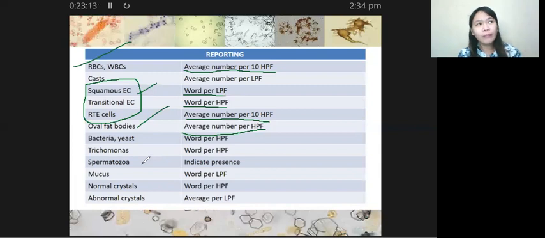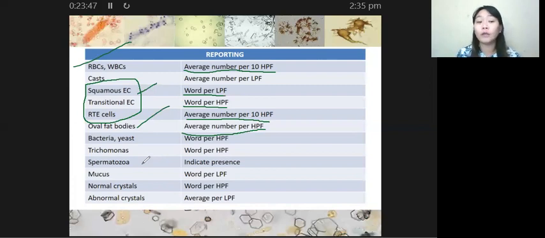So in certain institutions, there is a need to report for the presence of your spermatozoa, especially for minor patients. Why? Because it can indicate a possible medical legal case. Okay, ayan. Pero syempre, hindi natin siya binibilang. I-indicate mo lang kung present or absent ba si sperm cell or si spermatozoa. Okay? Ayan po. So again, it depends upon the institution.